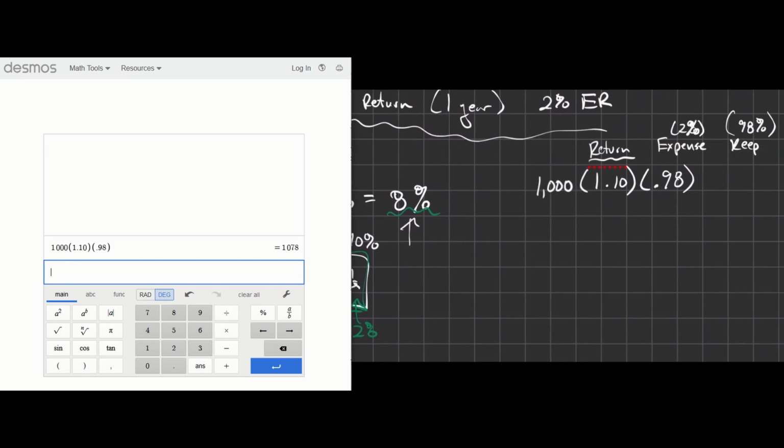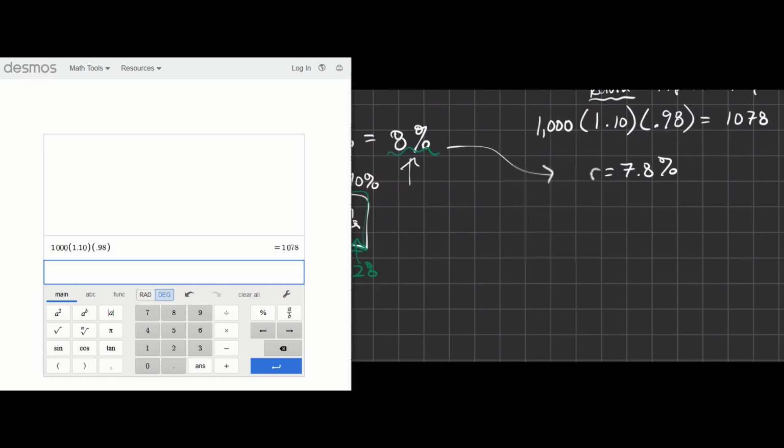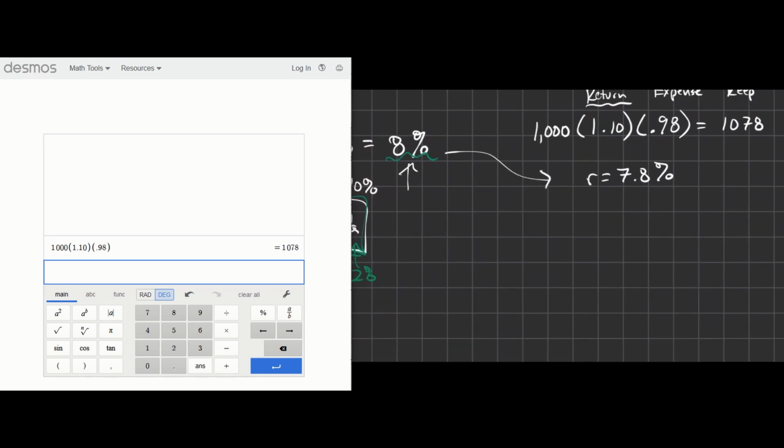If we go from $1,000 to $1,078, that's actually a 7.8% return. It's lower than the 8% return. And you might say, well, it's pretty close, but over the course of a couple of decades, that could make a big difference. So let's make the stakes a little higher.